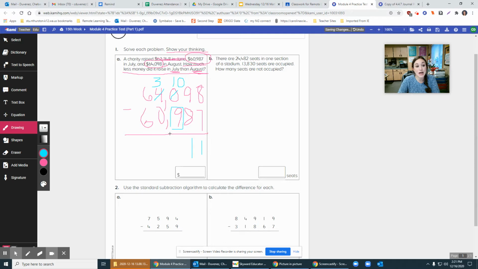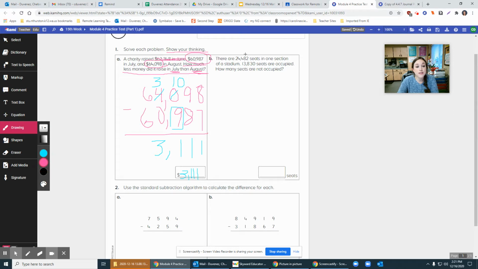Now I have 10 hundreds. 10 minus 9 is 1. 3 minus 0 is 3. 6 minus 6 is nothing. So, 3,111. All right. Now moving on to the second problem.